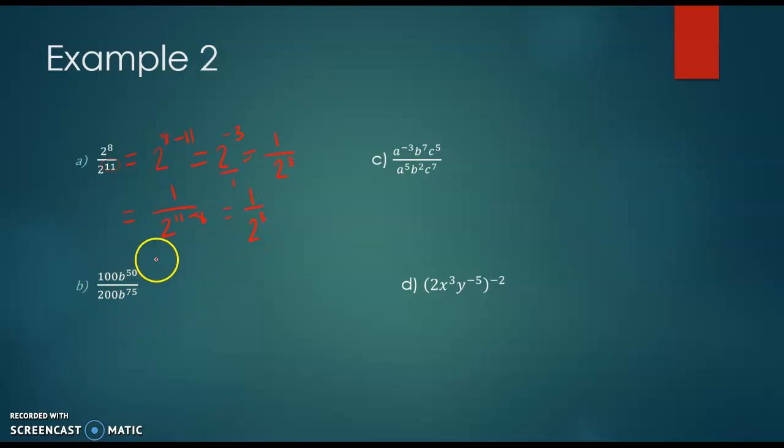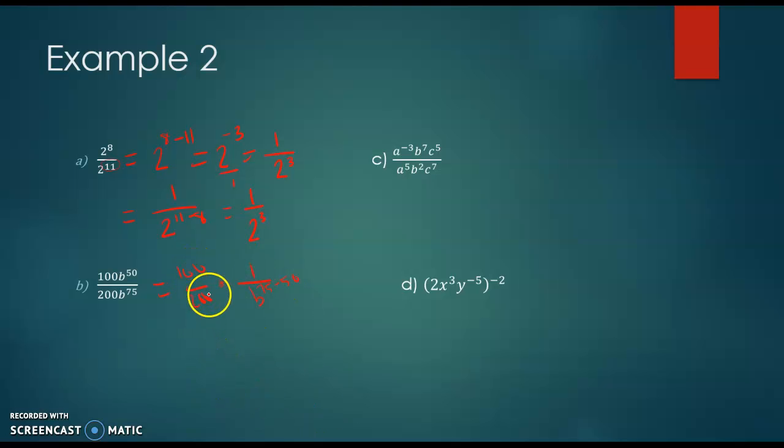So when I look at B, we have 100 over 200, and again, our B, 75 is bigger in the bottom. So B is going to be in the bottom, and we're going to do 75 minus 50, and we'll put the 1 back on top.